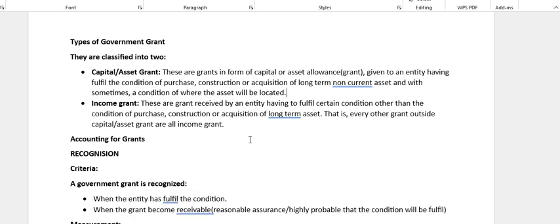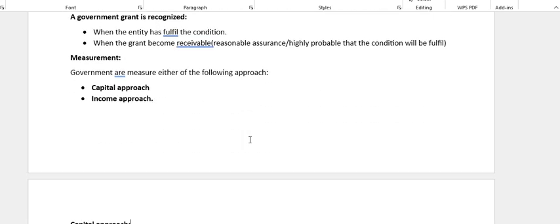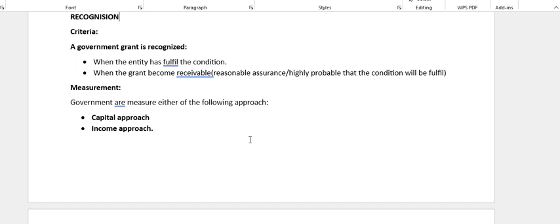So now for you to recognize government grant on the statement of financial position, two criteria must be fully met. What are the two criteria? Number one is that the entity must have fulfilled the conditions. The conditions that will warrant the entity to receive the grant must have been fulfilled.